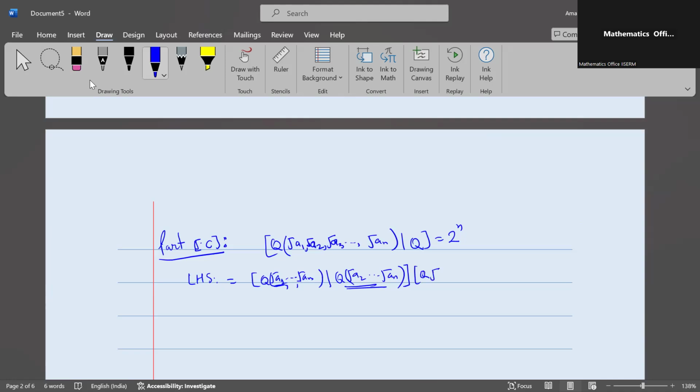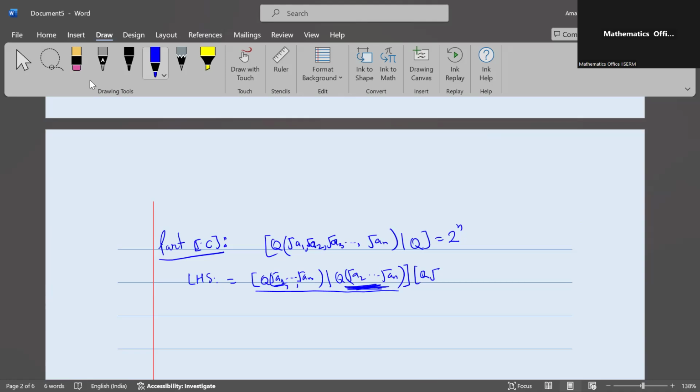This extension can be either trivial or a degree 2 extension because we are attaching root of A1. Root of A1 satisfies x squared minus A1. This is a simple extension over this field, so the degree is either 2 or 1: if A1 belongs to Q, then it will be degree 1; if A1 does not belong to this base field, then it will be a degree 2 extension. So I am going to say that this is exactly a degree 2 extension.